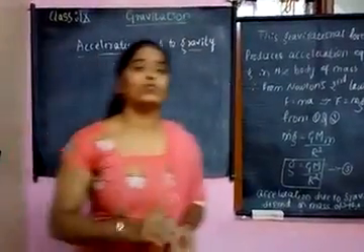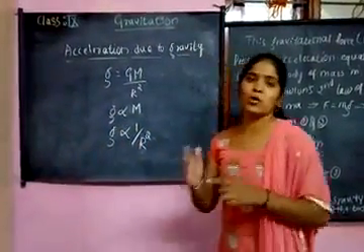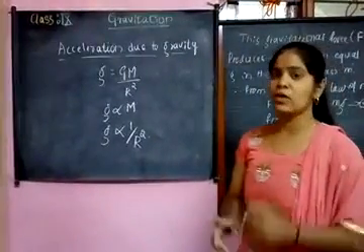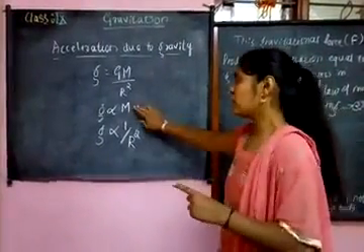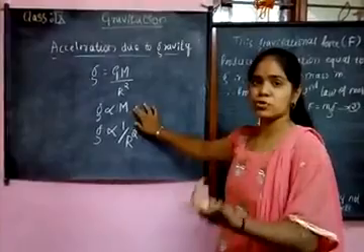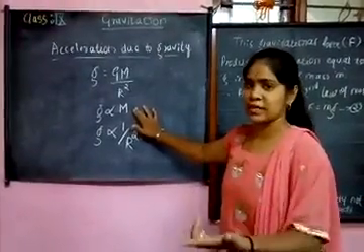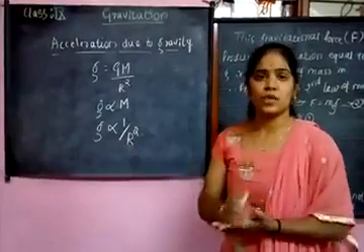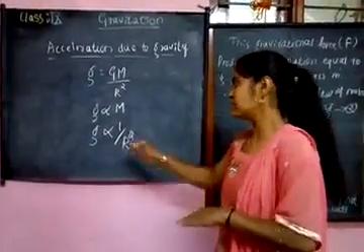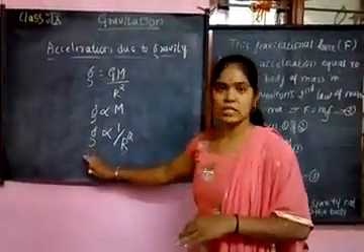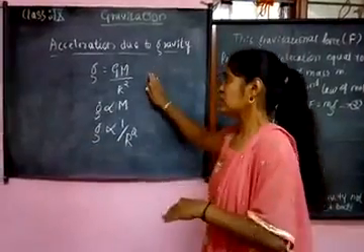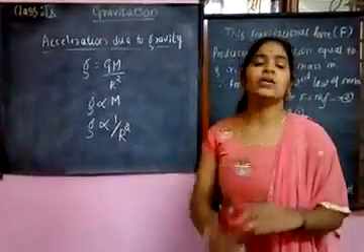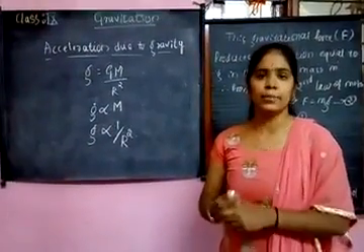So the two factors which the acceleration due to gravity depends upon are, first, the mass of the earth, which is directly proportional to acceleration due to gravity, and second, the radius of the earth, the square of which is inversely proportional to acceleration due to gravity. These are the two factors on which the acceleration due to gravity depends.